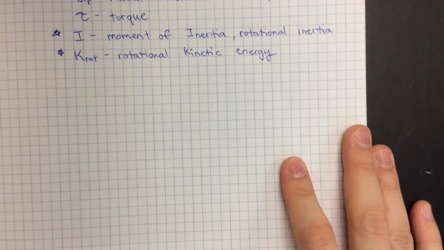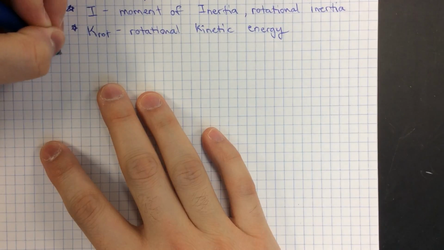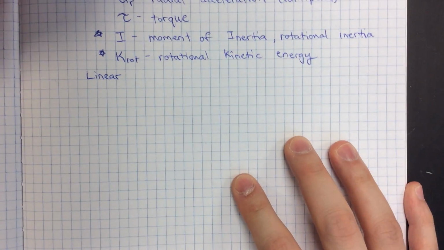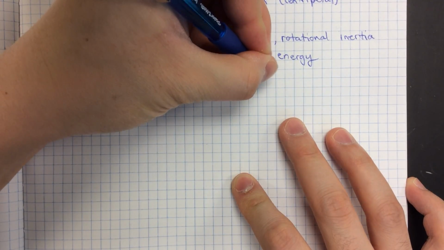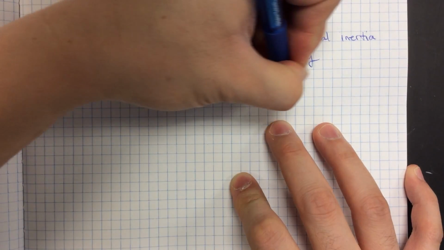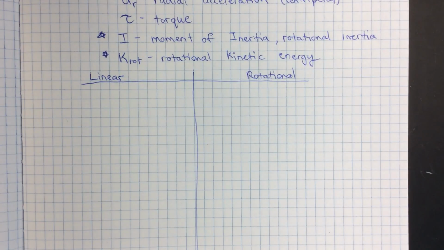All right, so now what we'll do is organize this. I really like trying to draw the parallels between linear and rotation. We've done this a few times, but if you can sort all your rotational terms in parallel to all your linear terms, you end up memorizing less because you can just draw the parallels.